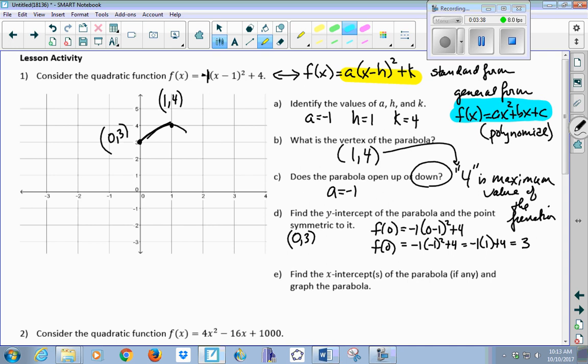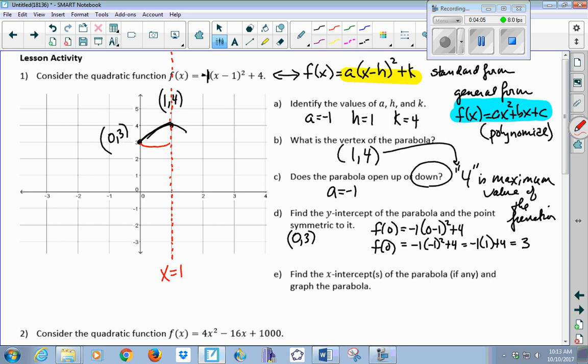Okay, and we know that at our vertex, there's a line of symmetry, which can also be called the axis of symmetry, that we can use to determine points symmetric about that line. So in other words, (0, 3) is the y-intercept.